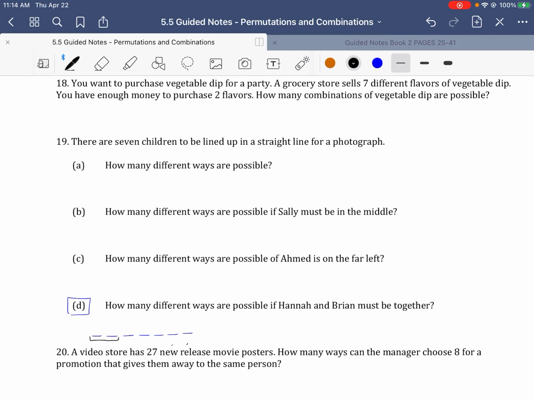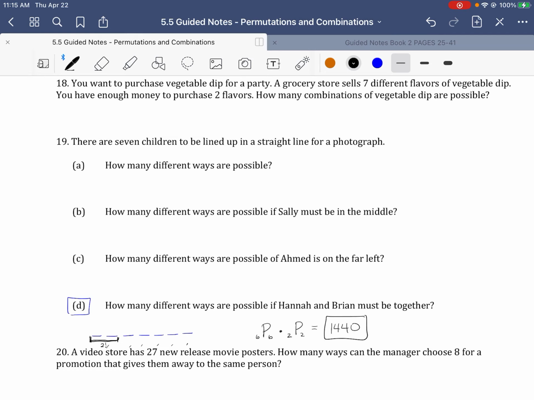So it's kind of like there's 1, 2, 3, 4, 5, 6 groups. So we're taking those 6 groups and we're permuting them 6 ways. So we can move that group of 2 around. But these 2 also, Hannah could go first or Brian could go first. So there's really 2 ways or 2 factorial ways to arrange it within that group. So we would also times this by 2 permuted 2 ways. And then we can go ahead and calculate that.